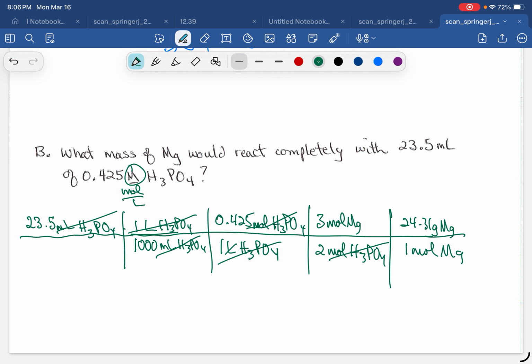Now moles of H3PO4 have canceled, the moles of Mg have canceled. So we have 23.5 divided by 1,000, times 0.425 times 3 divided by 2 times 24.31. And if my math is correct, I get 0.364 grams of Mg.